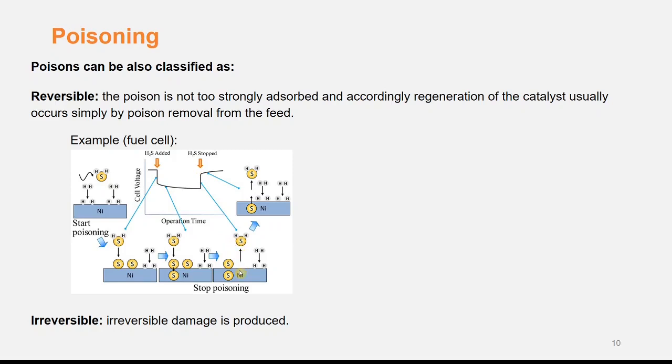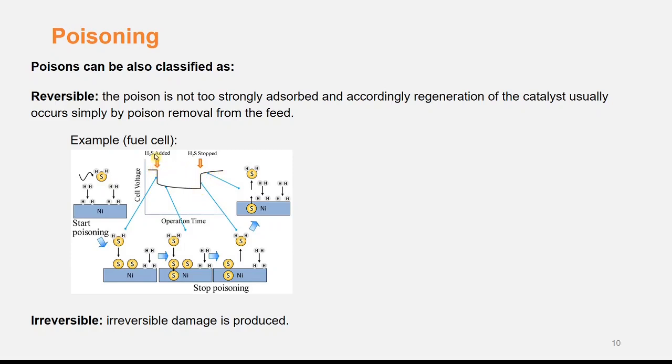And as a result, the adsorbed hydrogen sulfide on the surface of the catalyst can come off. By just removing the hydrogen sulfide from the feed, you can see here the voltage increases again almost instantaneously.